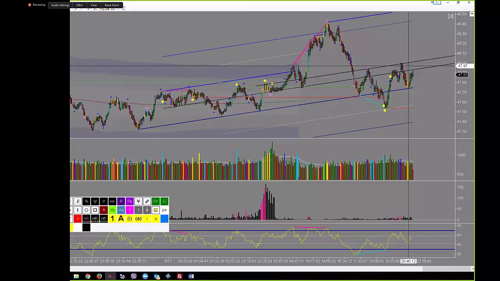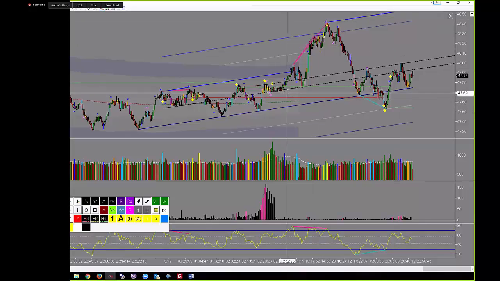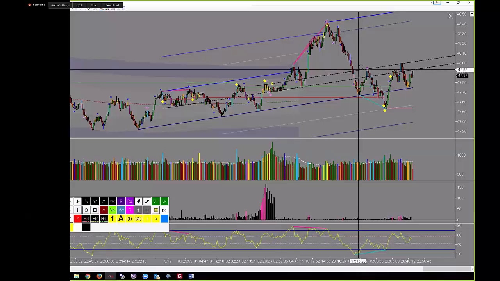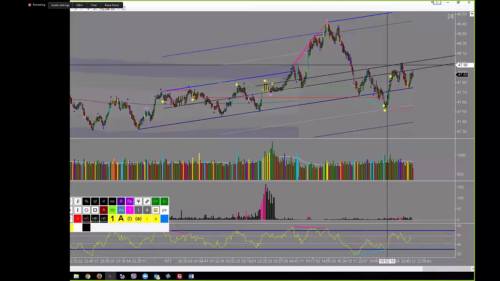You think it's going to go higher? Yeah, I agree. It is looking like it could possibly go higher. The only problem that we have here is we've got an area of resistance immediately above that the market hasn't been able to get above.